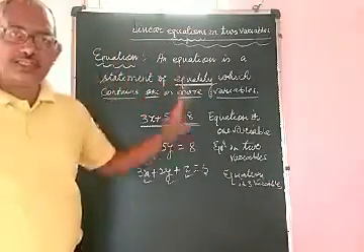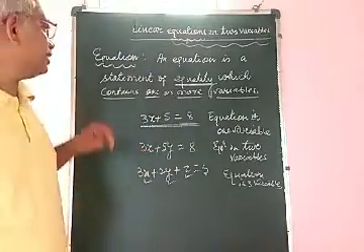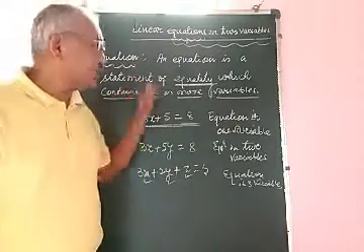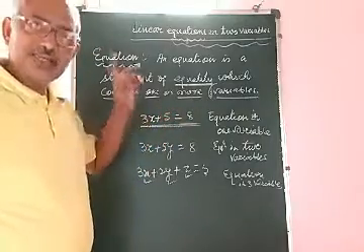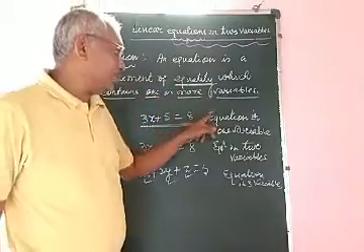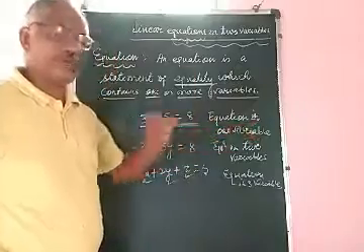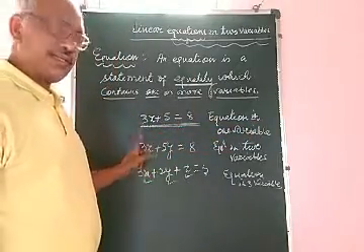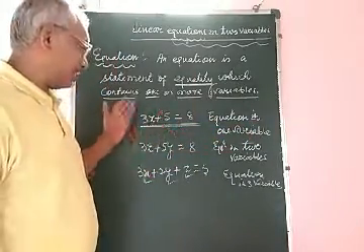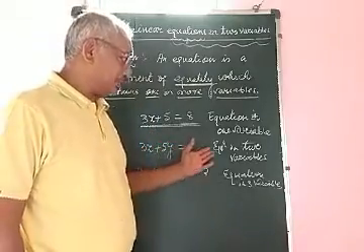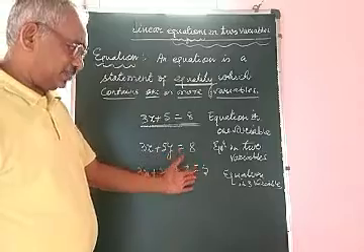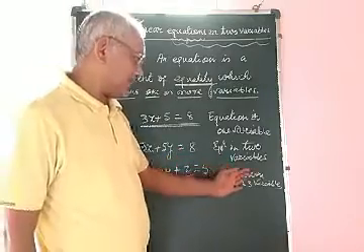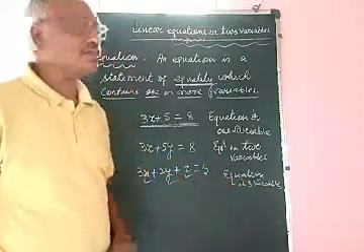Equation is a statement of equality which contains one or more variables. If the equation contains one variable, that is known as equation in one variable. An equation containing two variables is known as equation in two variables. An equation containing three variables is known as equation in three variables.